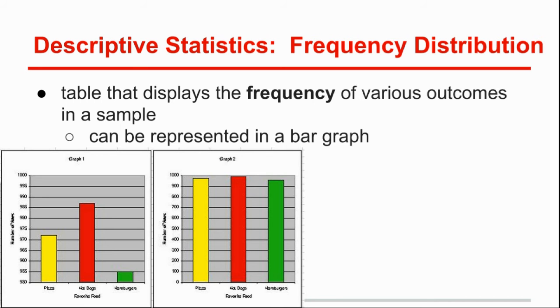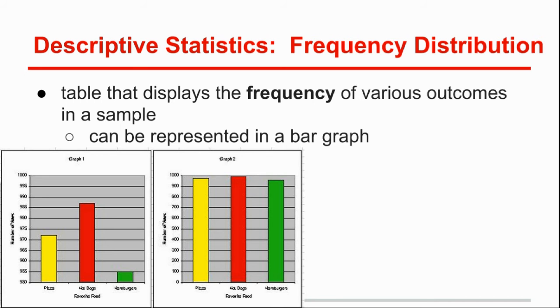Okay, and so these two graphs are showing you the number of votes for your favorite food, pizza, hot dogs, or hamburgers. They're both actually showing you the identical set of data. And so these two graphs were chosen to demonstrate how simply how you graph data can be misleading sometimes. You'll notice that the maximum on the graph is 1,000.